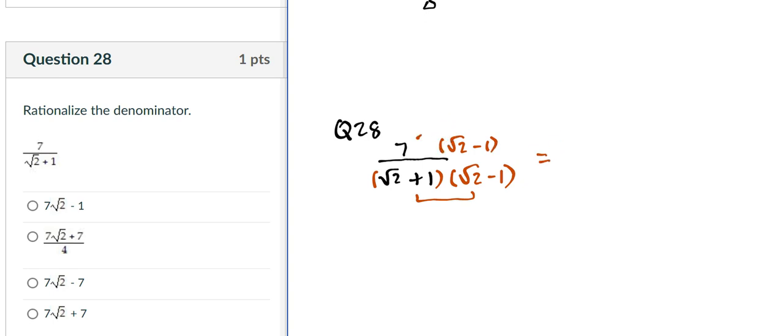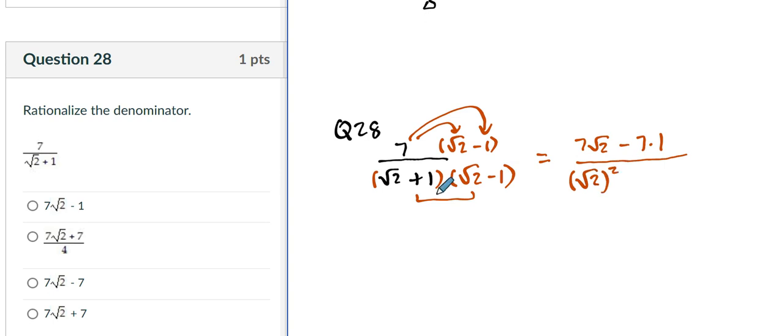Numerator, you use the distributive property. That will be 7 times radical 2 minus 7 times 1. Downstairs, radical 2 times radical 2 squared.